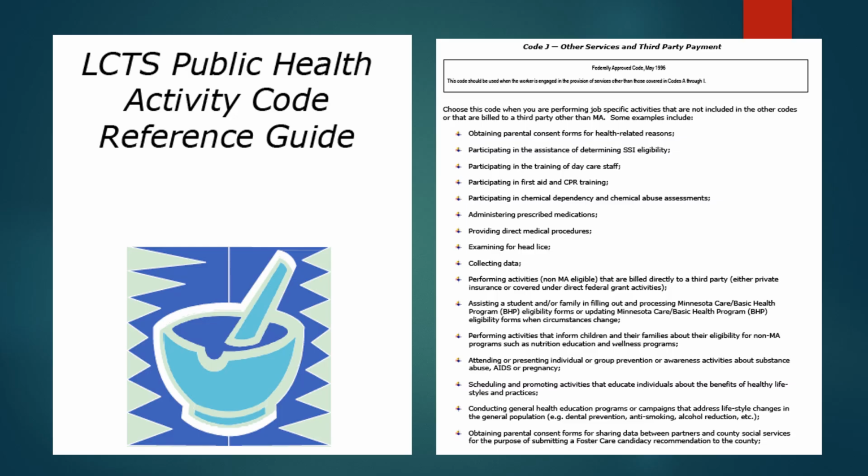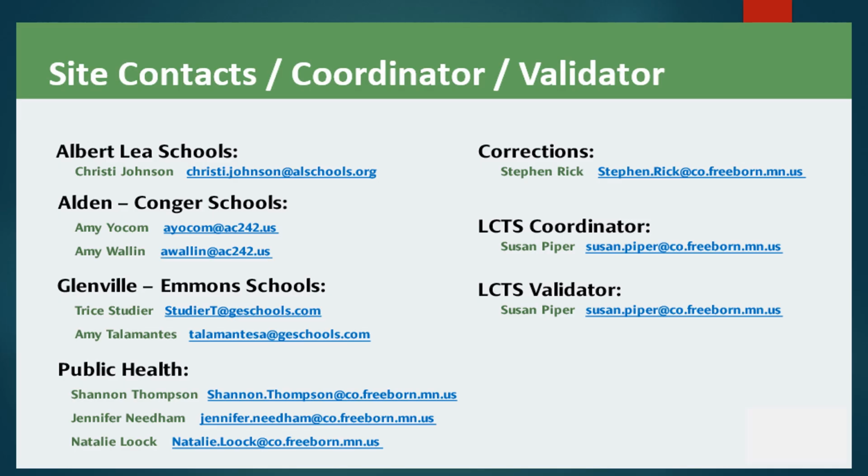The LCTS Public Health Activities Code Reference Guide goes a little bit deeper with examples to help you decide which code best fits your activity. The new codes, code B3 and P, are listed in this guide. The list of your site contacts and the LCTS coordinator can also be found on the Collaborative's website.